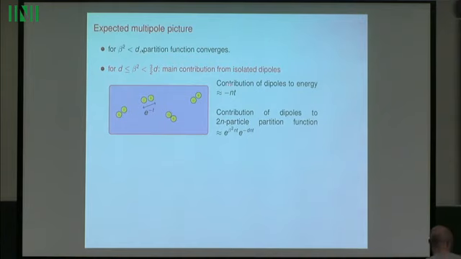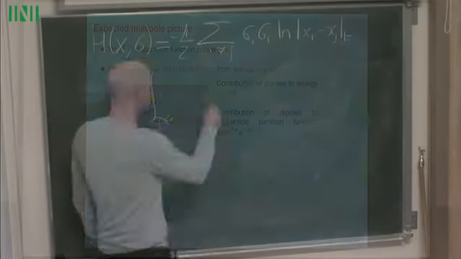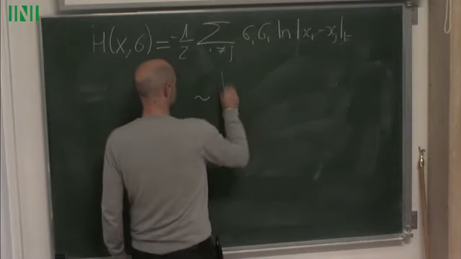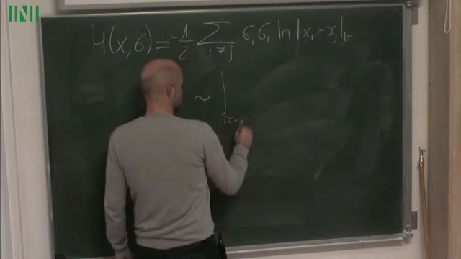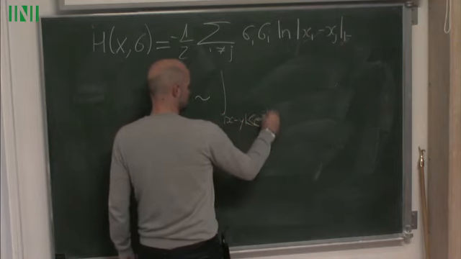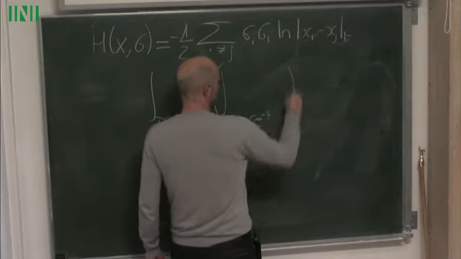If you look at the partition function, if you want to have a dipole in the grand canonical partition function, you have an integral over your domain to the power 2n, and if you have isolated dipoles, this will correspond to particles which are separated by the cutoff scale, to the power of the number of dipoles.